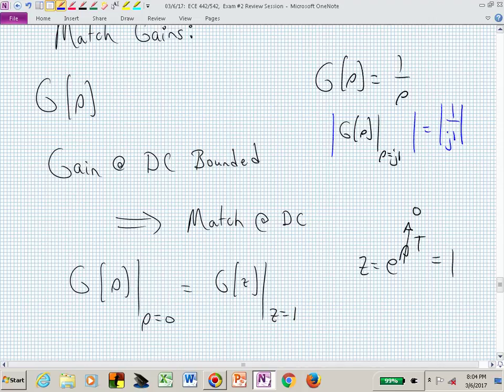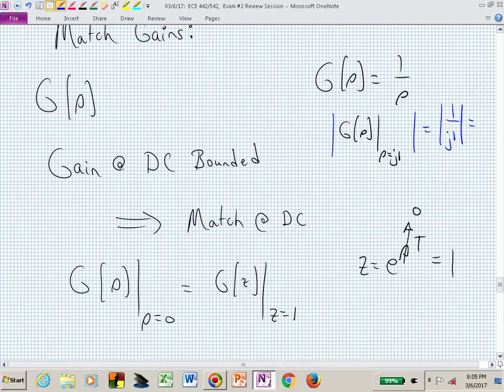What's the magnitude of that? Where are you in the complex plane in the denominator? j1. If you looked at the complex plane, you would just be at j on the vertical axis. What's the distance that is away from the origin? 1. So this now has a gain of 1 at omega equal to 1.